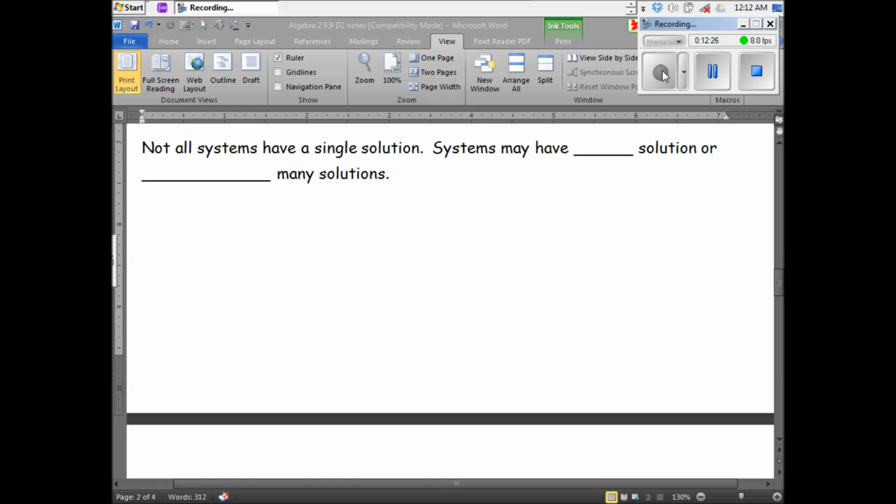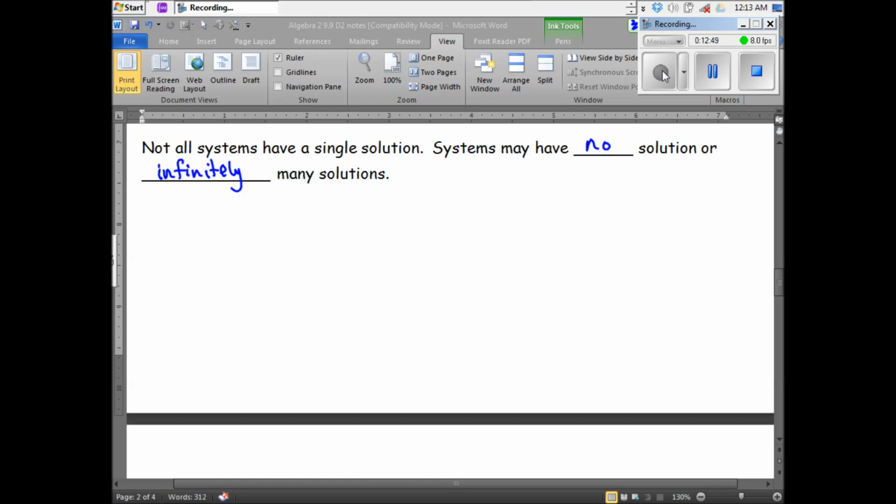Okay, now just a quick reminder that some problems don't actually have a single solution like these ones have. I know it looks like we're getting 3 answers, but each time you write down an ordered triple, that's actually one solution, a single solution. Some systems may have no solution. Some systems may have infinitely many solutions.